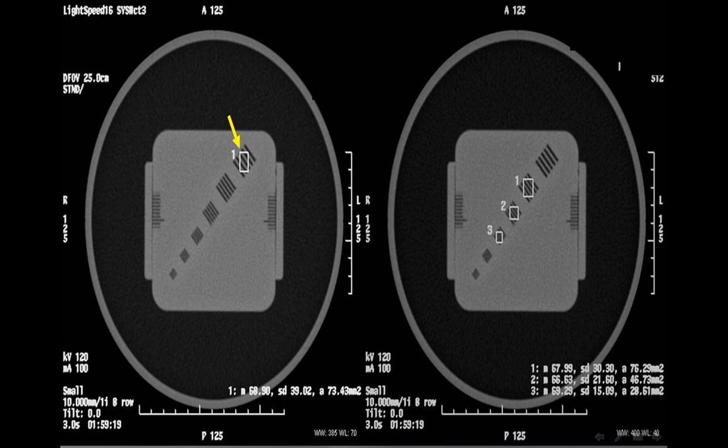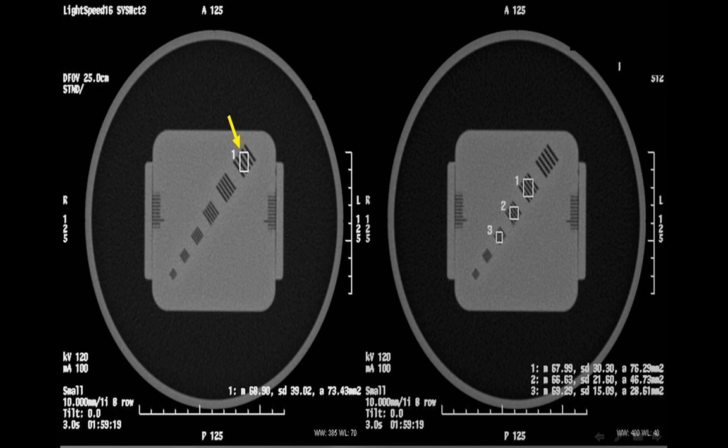Here in 2, the gap is decreased, so the variation also decreases, so you will find the standard deviation is around 21. Here in 3, you will find a standard deviation of 15, the lowest value, and so on.